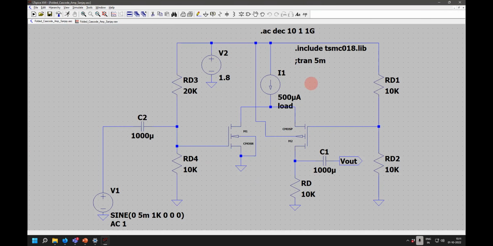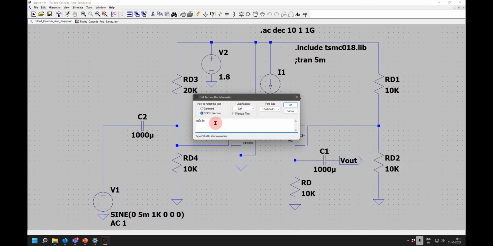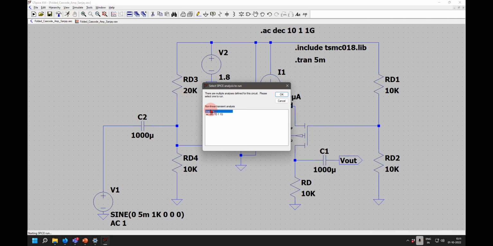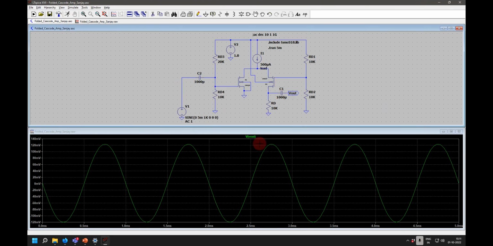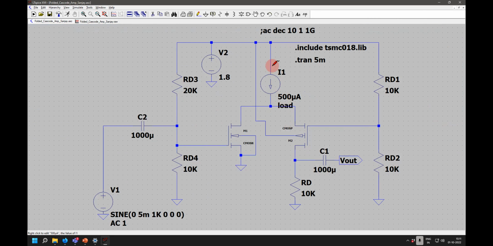So let me do a transient analysis. Right, so I am getting very high gain, around 120. So very high gain. So how did I achieve this high gain? By ensuring I have put a 500 microampere current here.